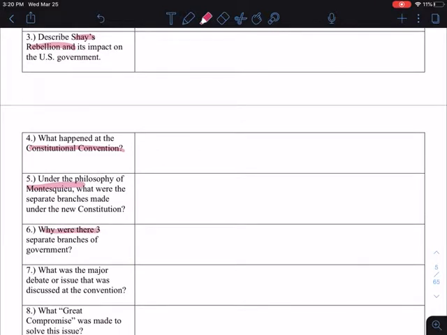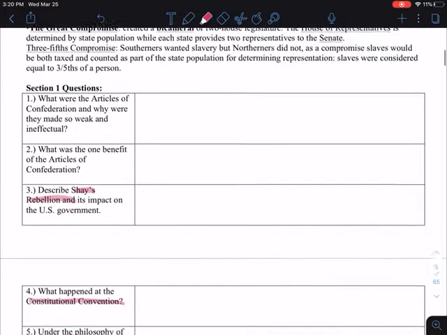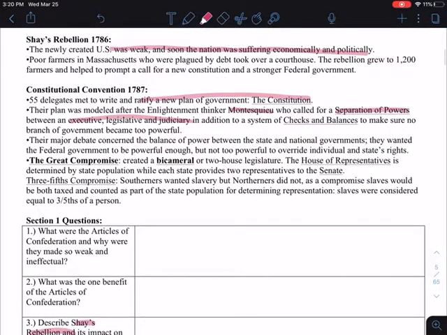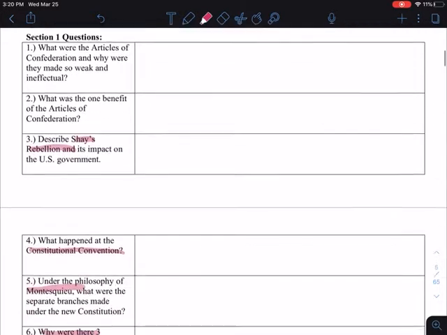Why were the 3 branches of government created? Checks and balances. If all of the power was given to one branch and there were no separation of powers, then we would not be able to check one, and we could turn into a government similar to what was in England. So we want to make sure that that doesn't happen, so we create a system of checks and balances.